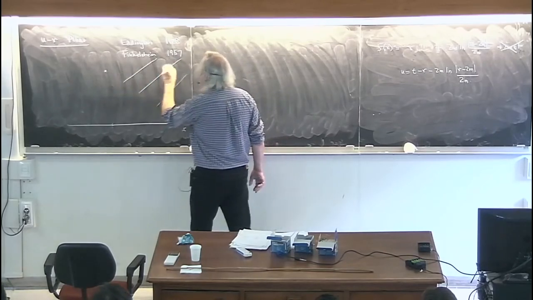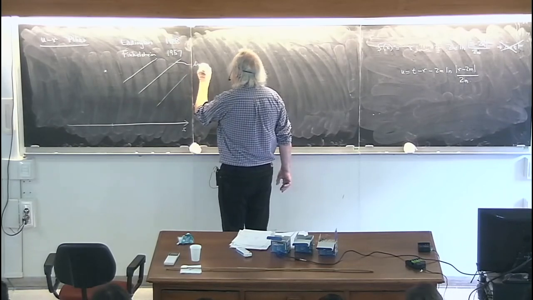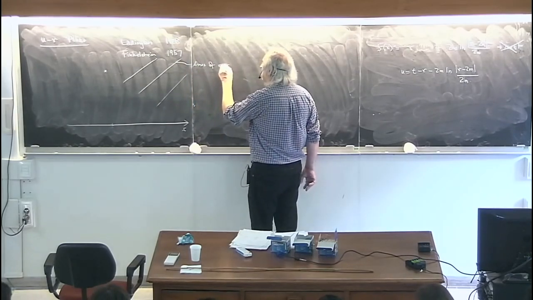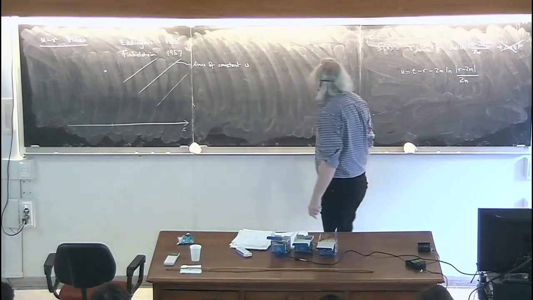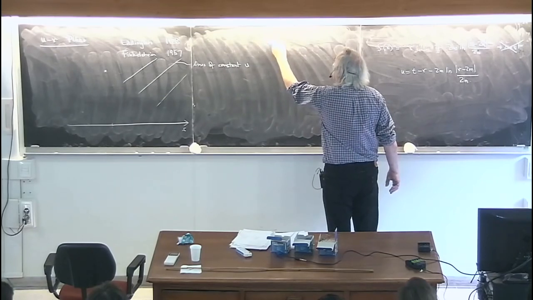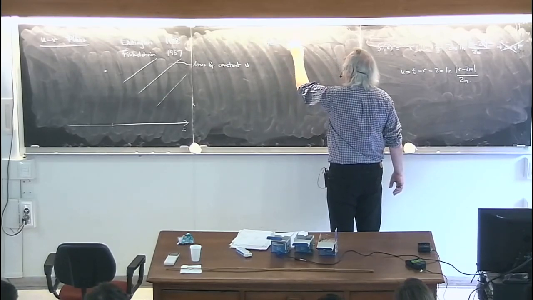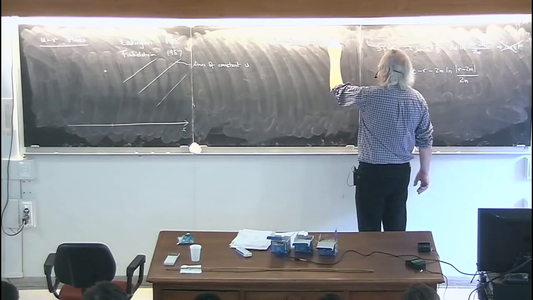So these will be lines of constant u. And we're looking at the metric ds squared equals minus v du squared minus 2 du dr plus r squared d omega squared.